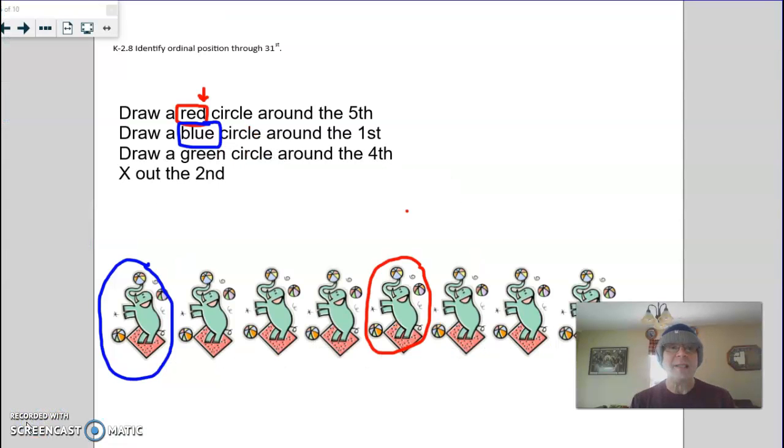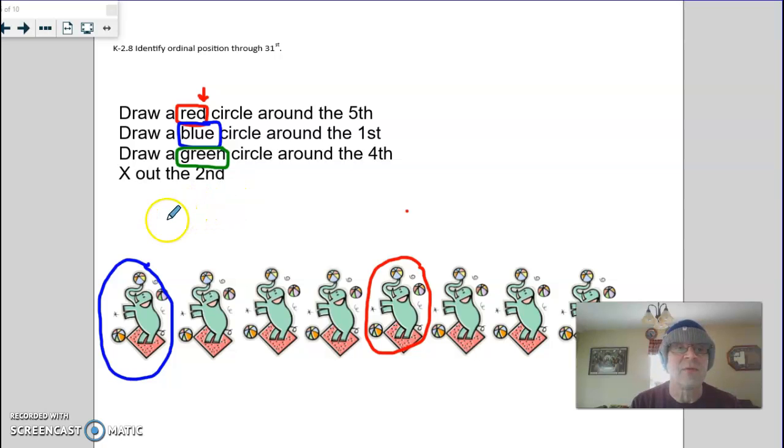Let's move on to the next instruction. It says draw a green circle around the fourth. There's our loud throat popper. Green. And make sure we're getting our green crayon out here, because it said draw a green circle around the fourth elephant.